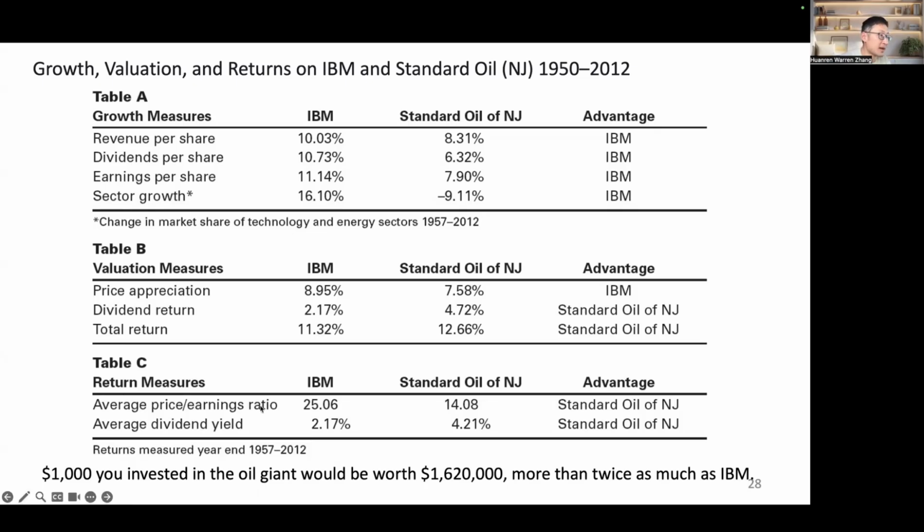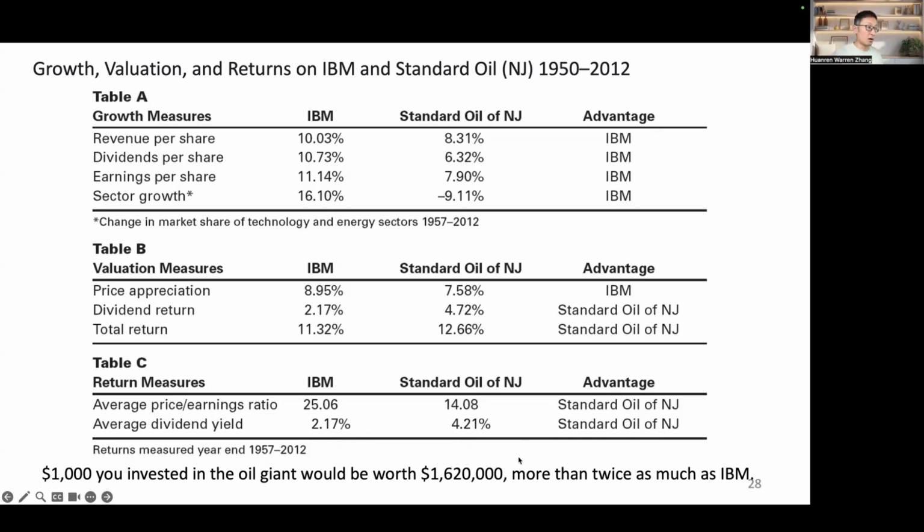So let's look at the return measures. The first one is the average price earning ratio. We see that IBM has a PE ratio of 25 and Standard Oil has 14, meaning in terms of this price to accounting measure ratio, IBM is worse, so it's more expensive. It's also indicated by the average dividend yield: IBM only provides 2.17%, while Standard Oil provides 4.21%.